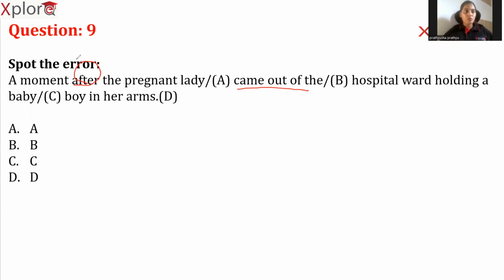Or we can use after before the sentence: After a moment, the pregnant lady came out of the hospital ward holding a baby boy in her arms. Or we can say, a moment later, the pregnant lady came out of the hospital ward holding a baby boy in her arms. So here the answer is option A.